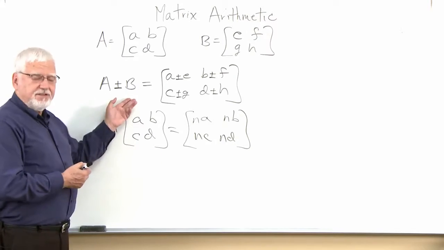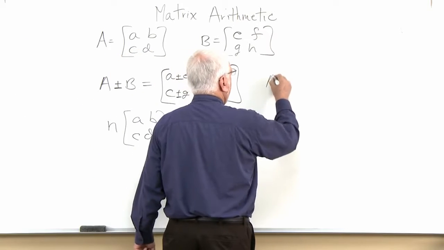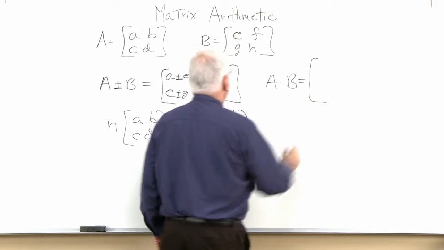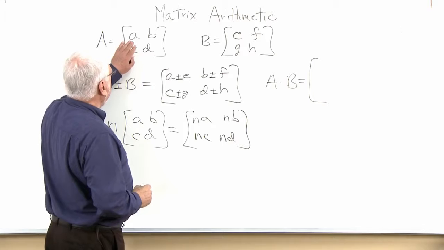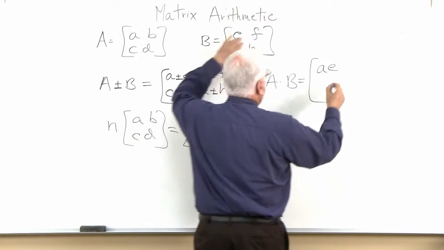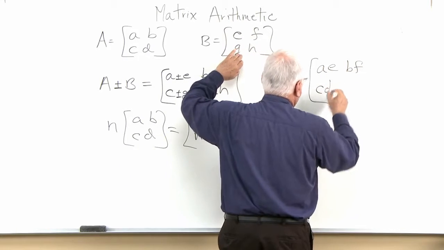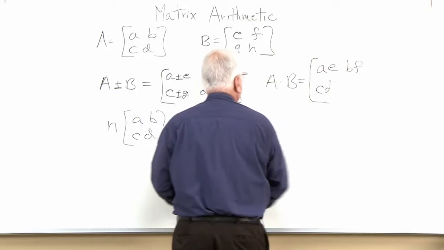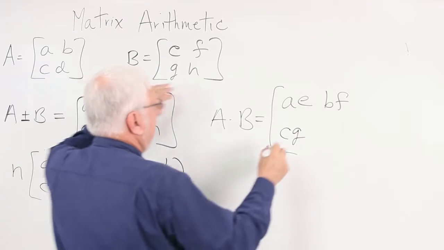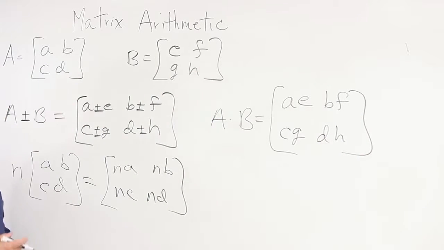Multiply two matrices together. Okay, so how do you think the two matrices are going to look if we multiply those? I think if we did it intuitively, it'd be A times E, B times F, C times G, D times H. Okay, that would make a lot of sense.